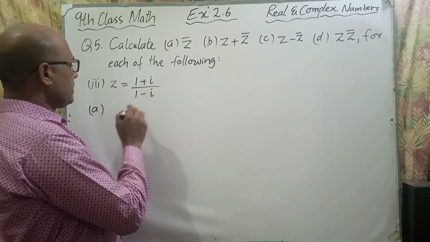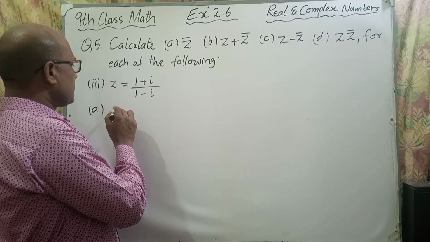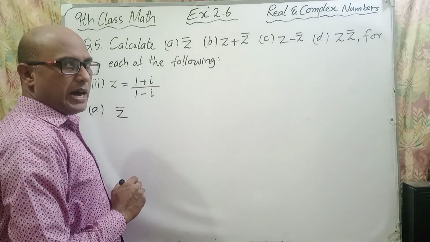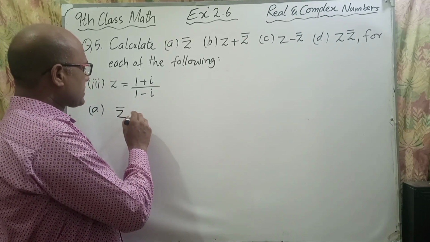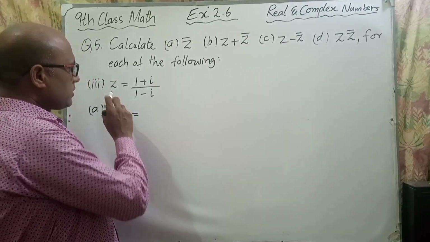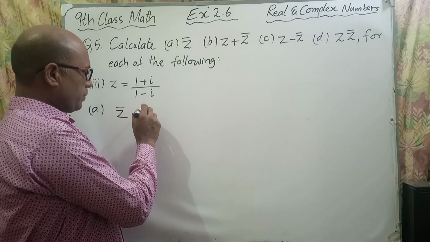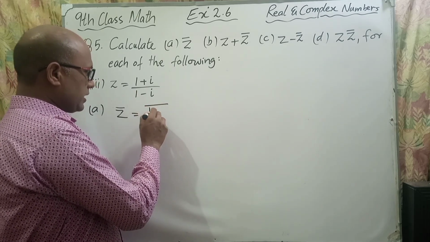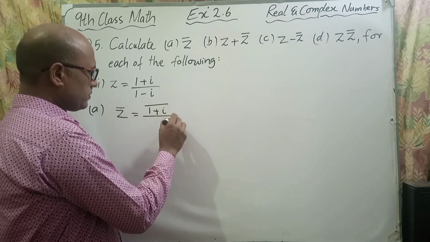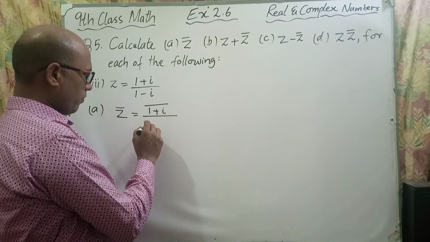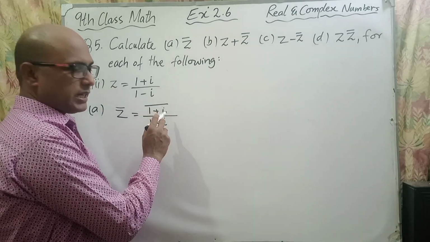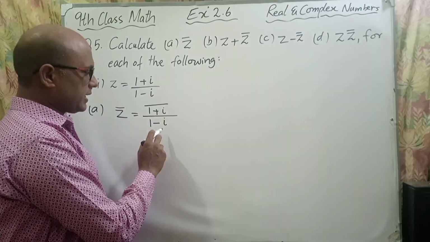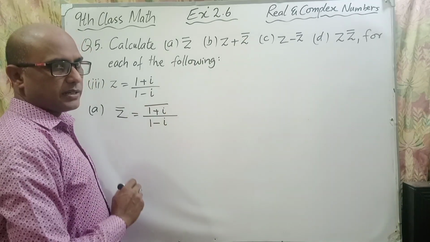In part A, we are required to find z bar, which is equal to the value of z, and we will put bar on the whole value: 1 plus iota over 1 minus iota whole bar.